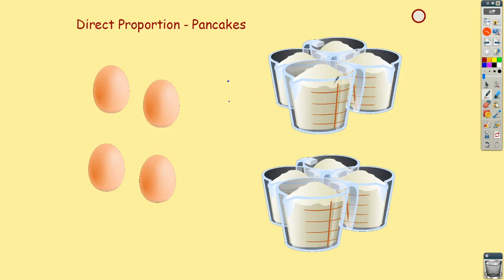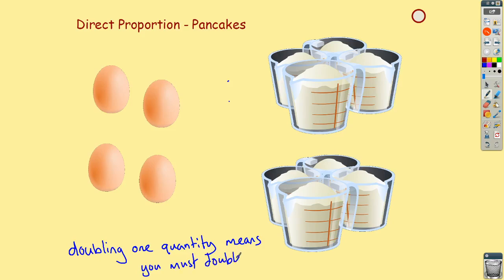So doubling one quantity means you have to double the other. That's all direct proportion really is.